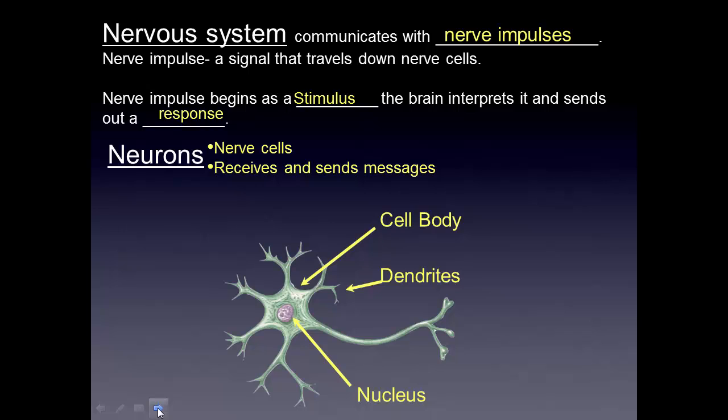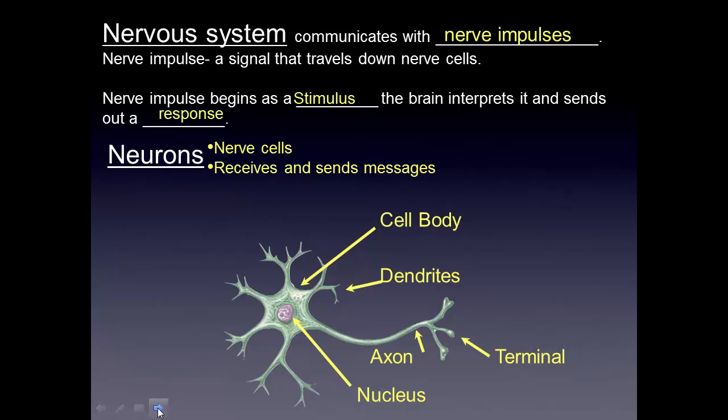And then the part that leads away from the cell body, this elongated section, is called an axon. A-X-O-N. And then at the end of that axon, there are some small bulbs that are called the terminals.